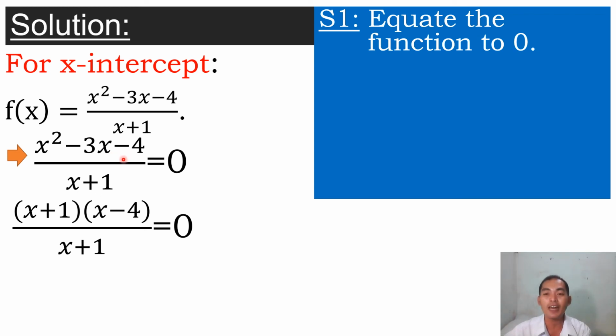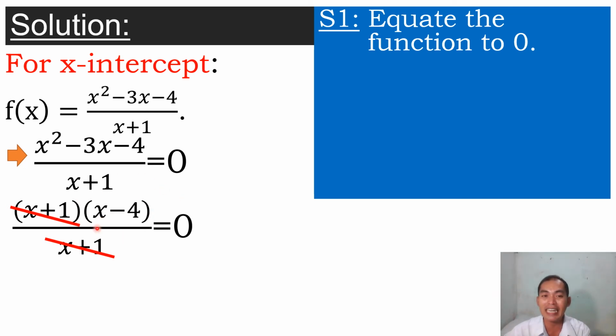This is factoring technique number 5. So, x plus 1 times x minus 4 over x plus 1. You cancel first the common factor, and whatever is left in the numerator and denominator, that is the basis for getting the x-intercept.